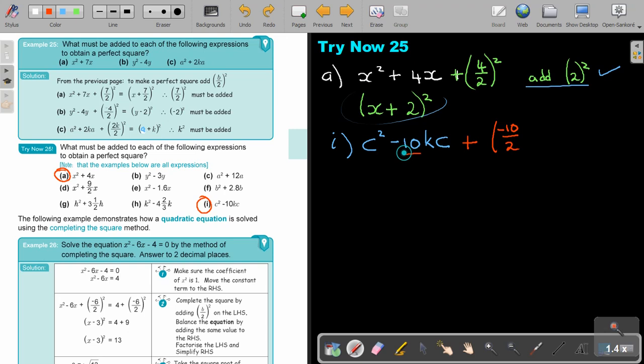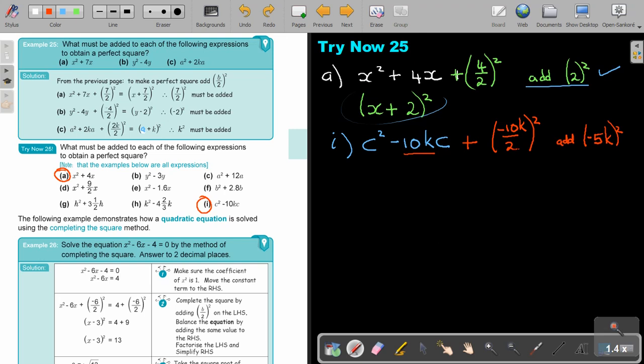Don't forget the k. 10k divide by 2 and I square. So I must add negative 5k squared. That must be added.